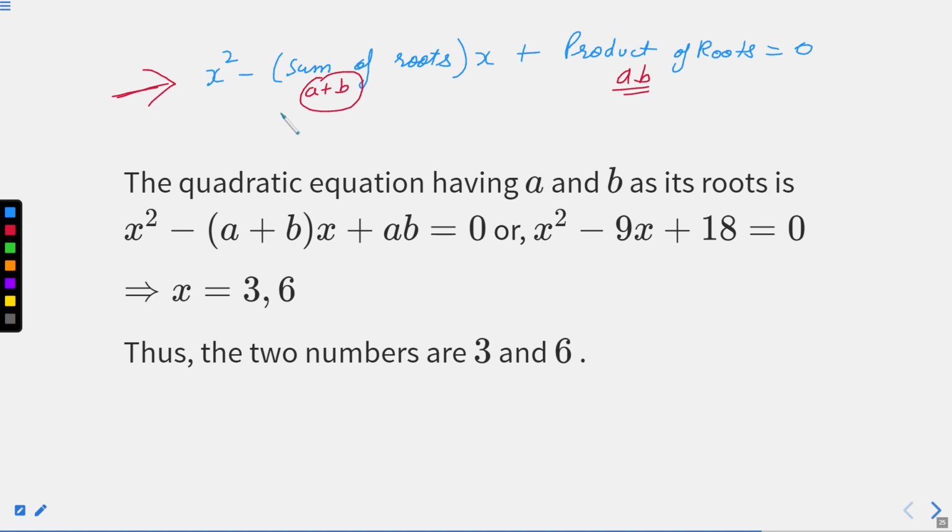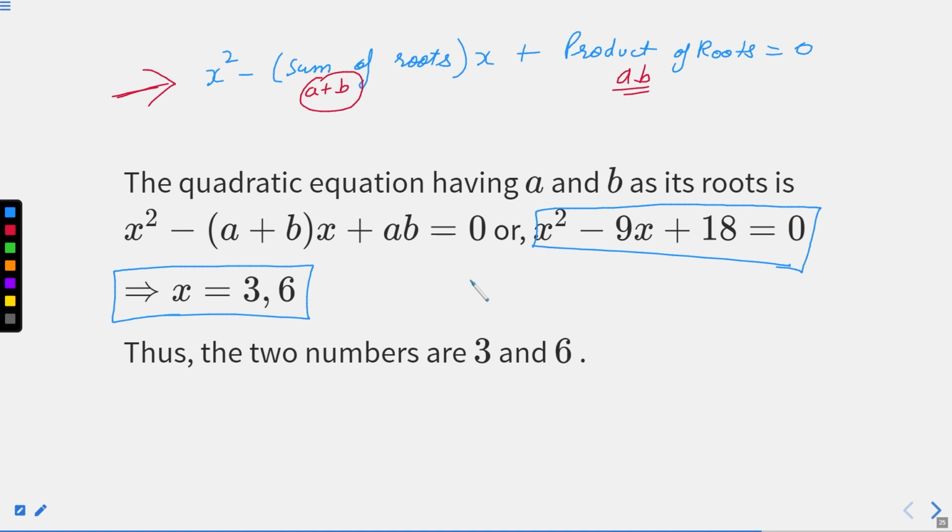Now, using the formula, first let's see the simplified equation. We can easily calculate x equal to 3 and x equal to 6 using the quadratic formula, which is minus b plus minus root b square minus 4ac by 2a.